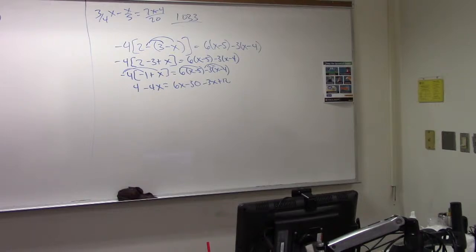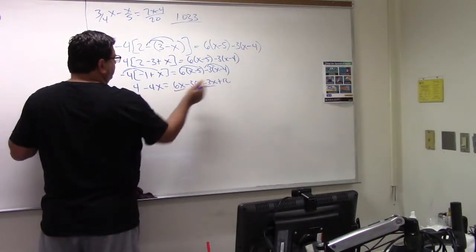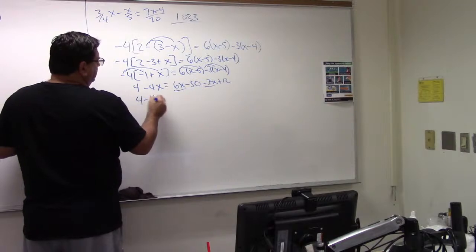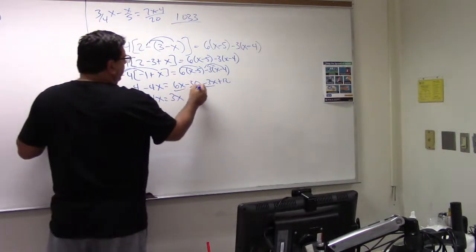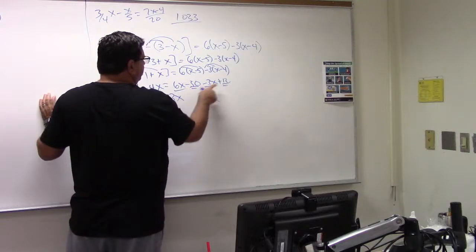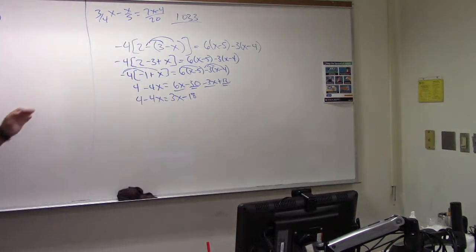But yeah, I got it. You good? Now, from here we're combining like terms. 6x minus 3x is going to be 3x. -30 plus 12, the signs are different, you're going to subtract. You're going to get -18. Alright.